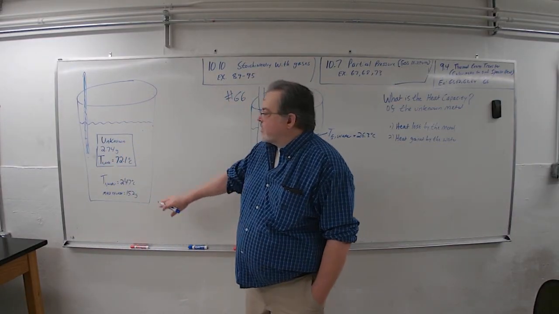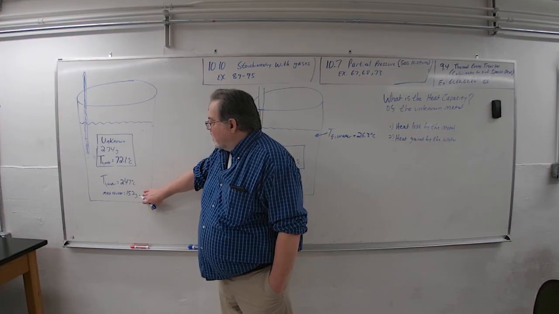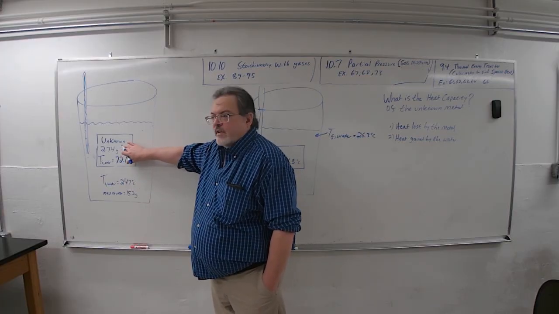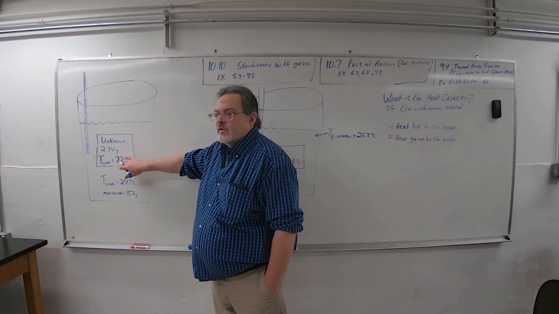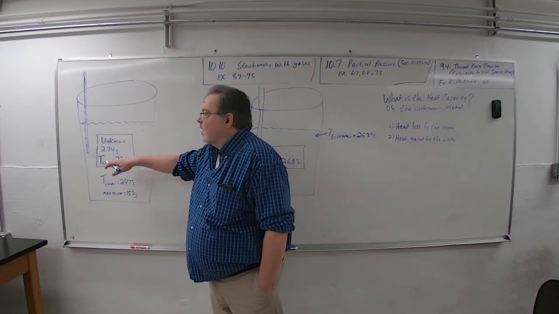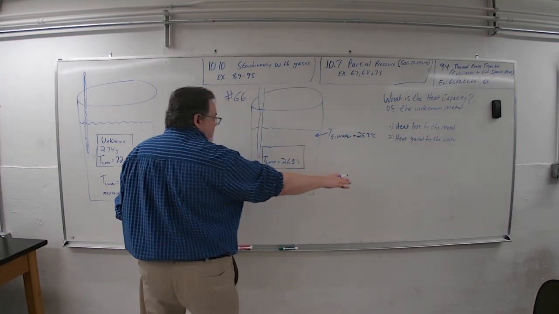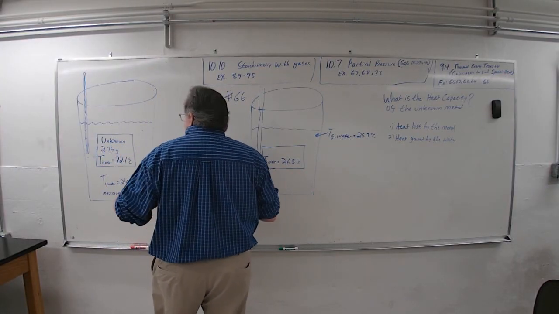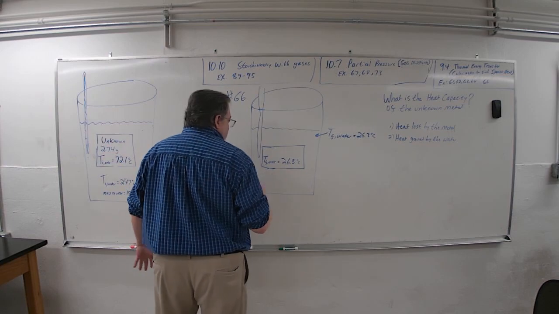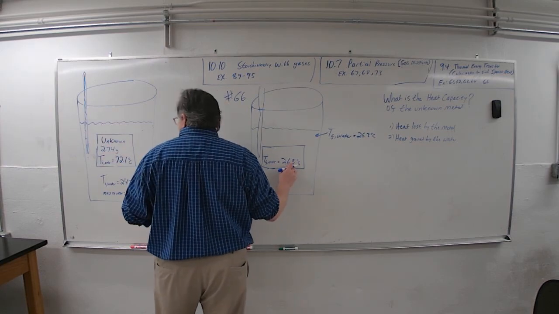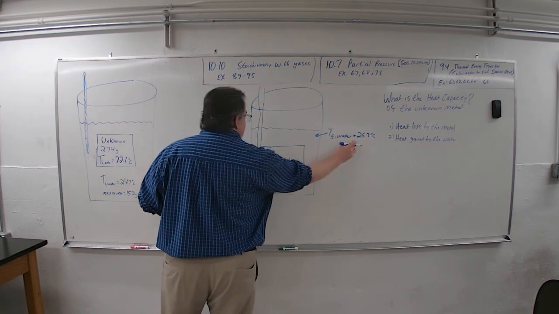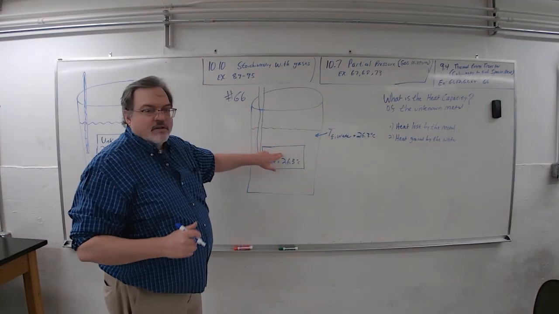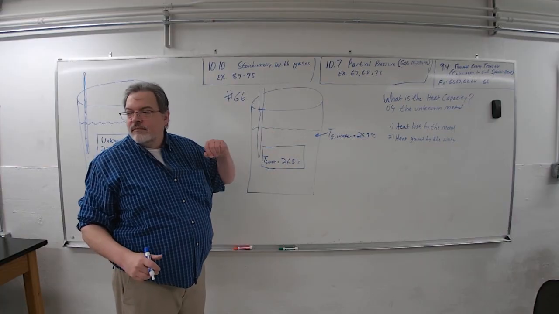So we were able to measure the mass of the water and the temperature of the water at the beginning. We were able to measure the mass of the unknown metal and the temperature of the unknown metal at the beginning. We put them together, we leave them, their masses are of course still the same over here. What's changed is the temperature. This one's temperature has gone down to 26.3. The water's temperature has gone up from 24.7 to 26.3. This lost heat, this gained heat. You with me?